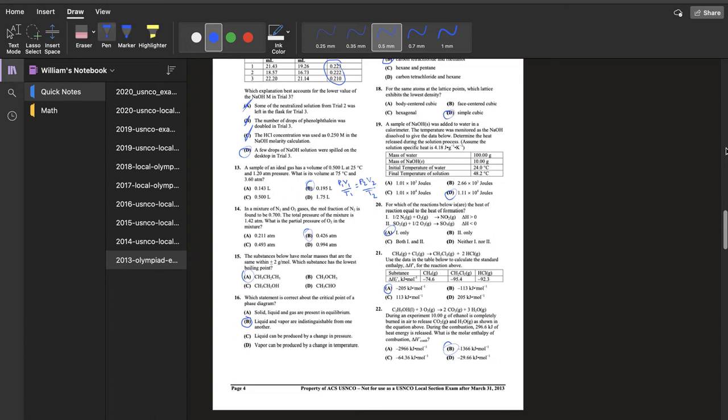And then if we multiply that by T2, which is 75 plus 273.15, we get 0.7, and then if we divide that by 3.6, we get 0.1946 liters, which is 0.195 liters.